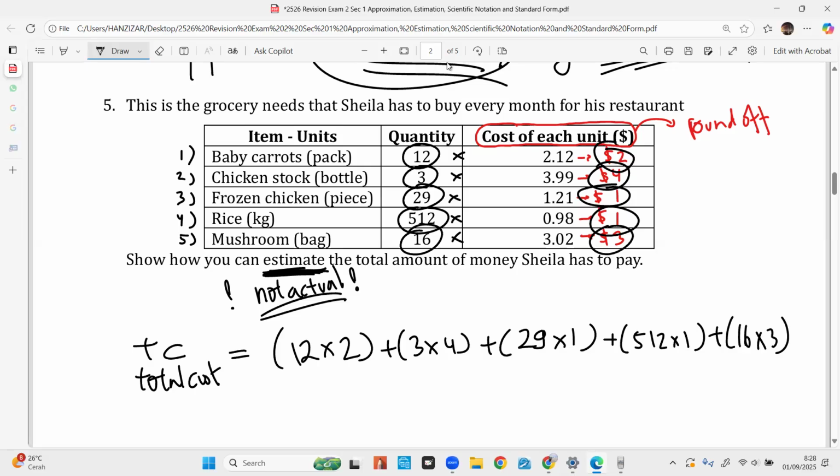And you can do the estimation: 24, 12, 29, 512. Oh, the most expensive is the rice, 48.